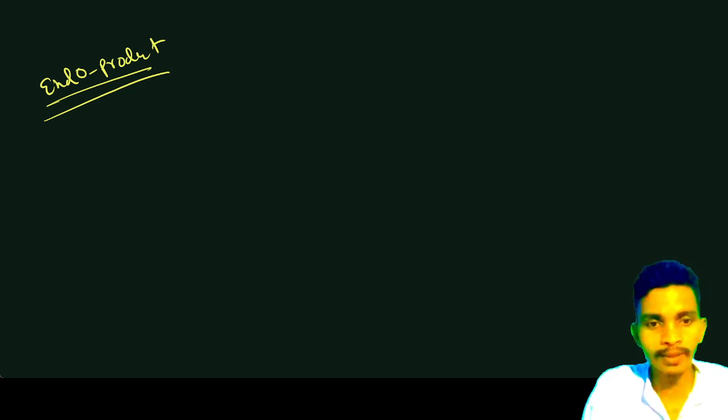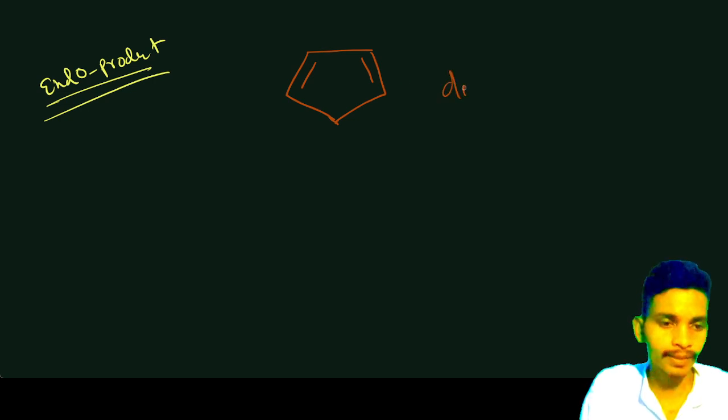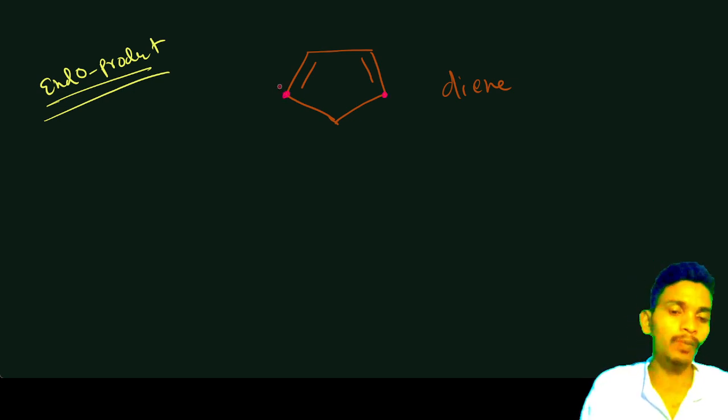So for the endo product, if I do the molecular orbital representation, how will you do that? Let's say ours will be like this. This is for the diene, okay, and these are where the bond formations will occur.